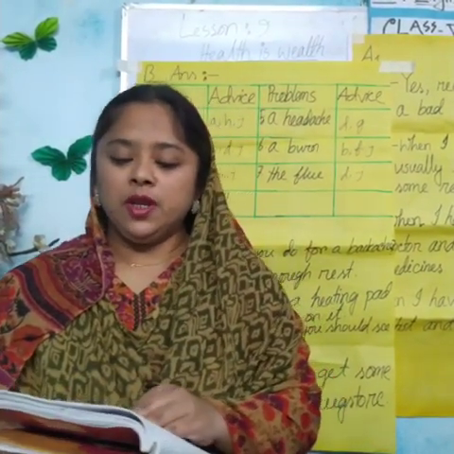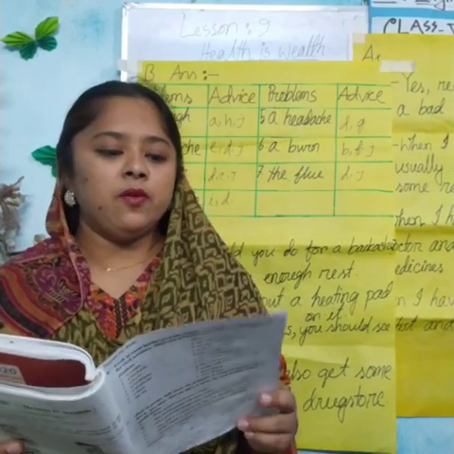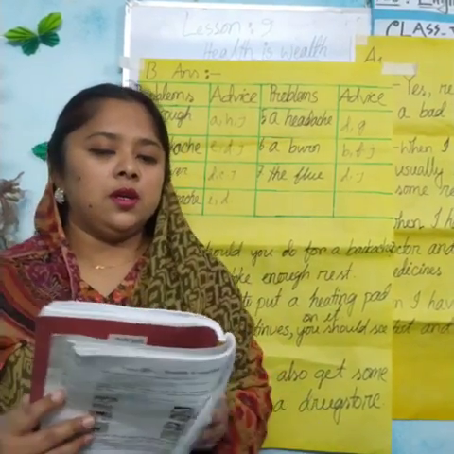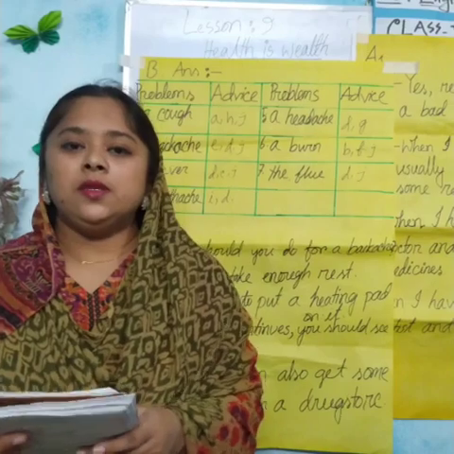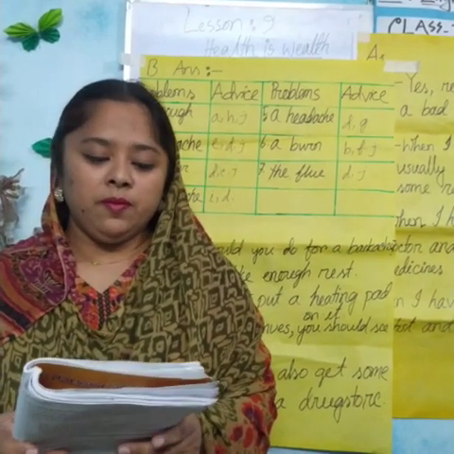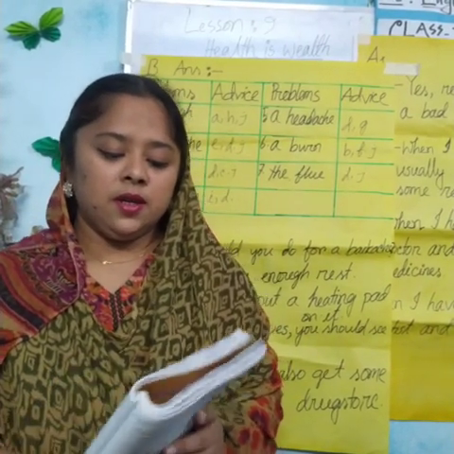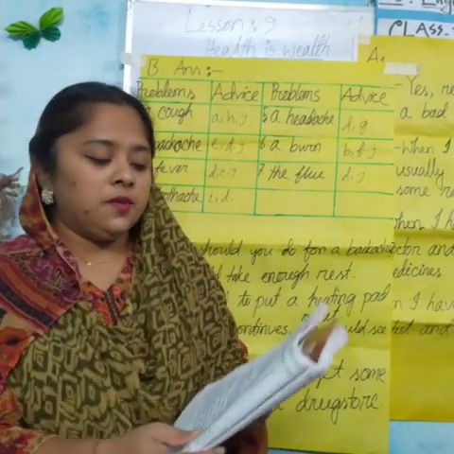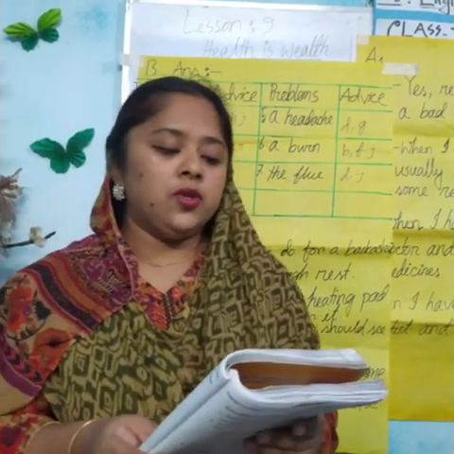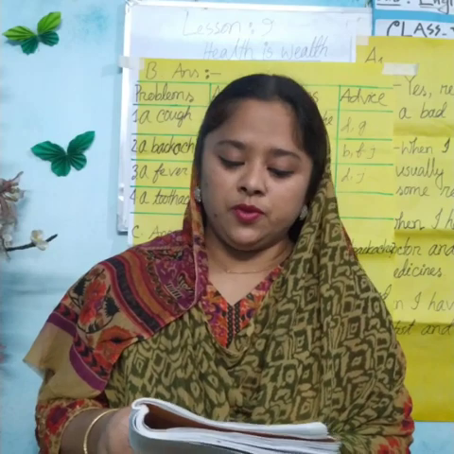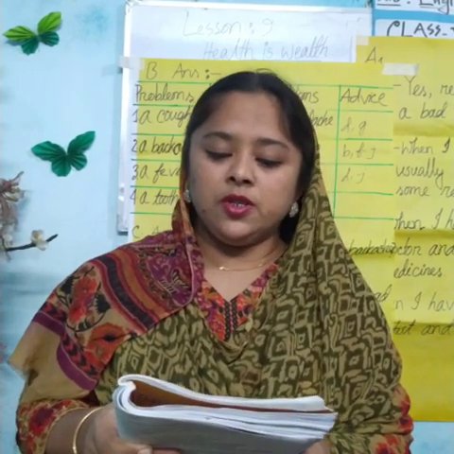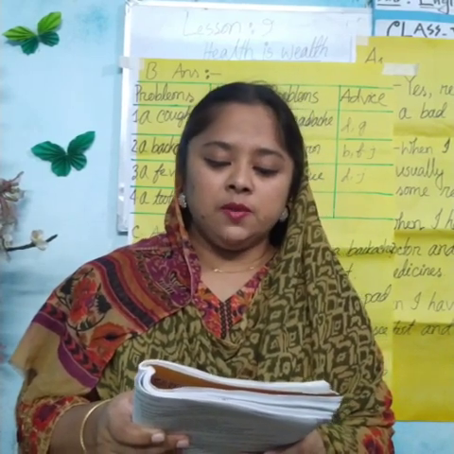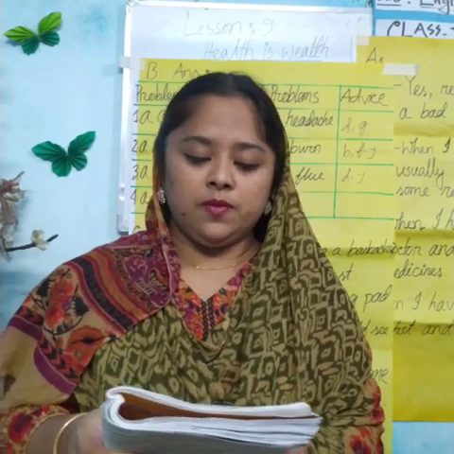Now I am going to the next activity, that is D. Please open page 30. Here we can see activity D. We are told to work with a partner in groups. Make a short conversation about each problem and its remedy in the box below.